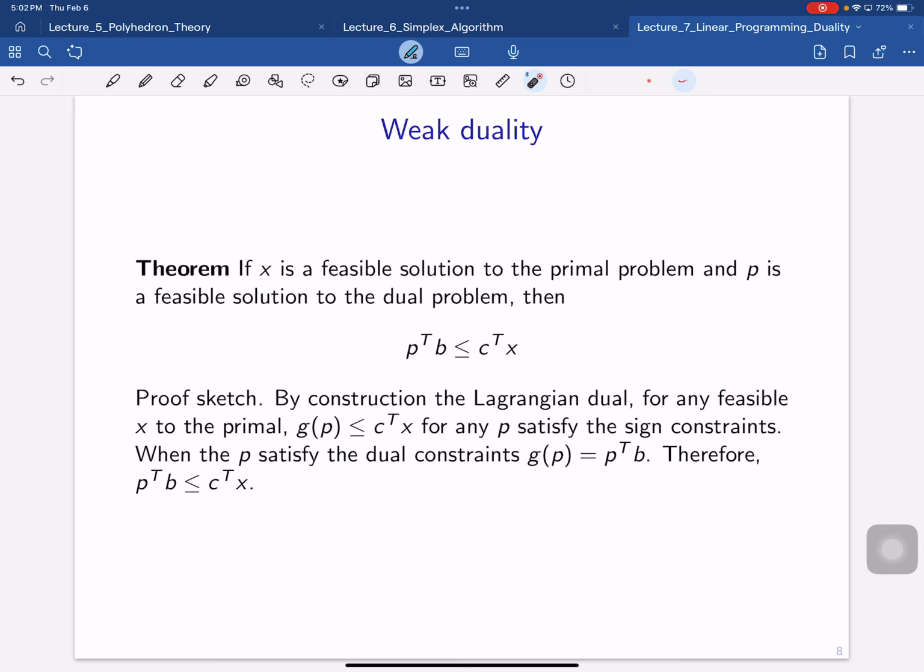For any p you pick, g(p) is a lower bound. Of course, if you pick a feasible p to the dual, that will provide you a lower bound of the primal problem. So this is almost by construction. By the way we construct the signs of this vector p, the dual will provide a lower bound of the primal.